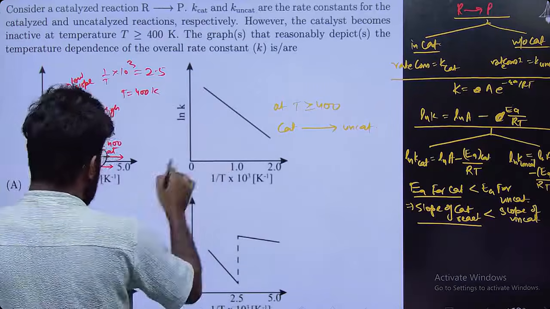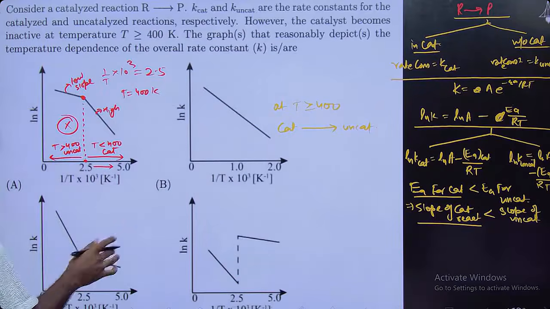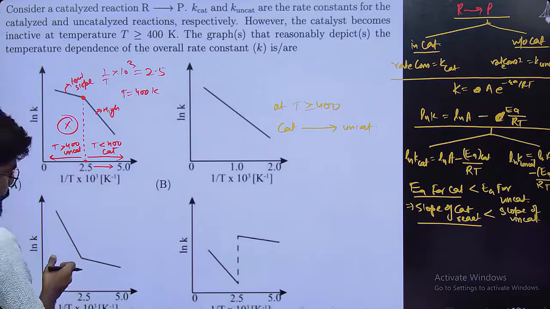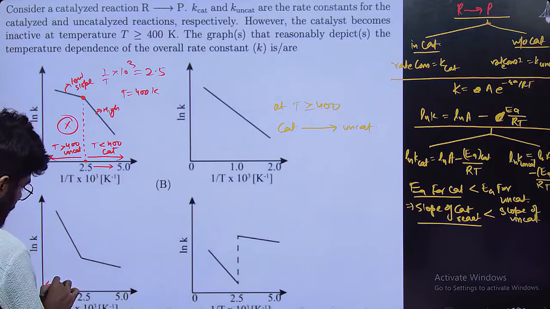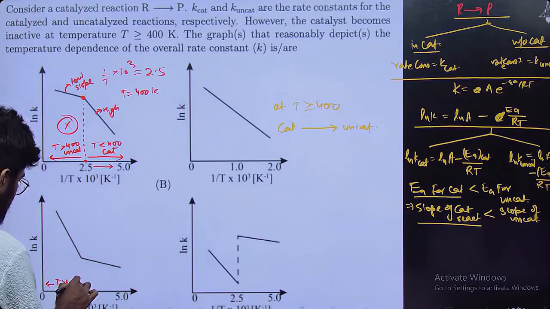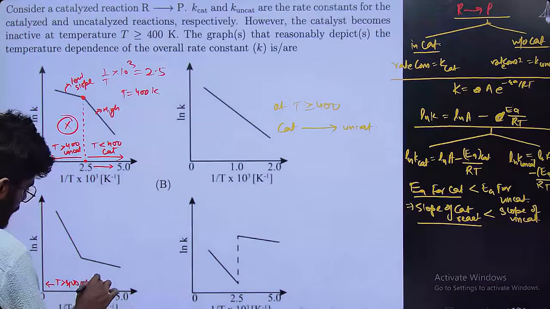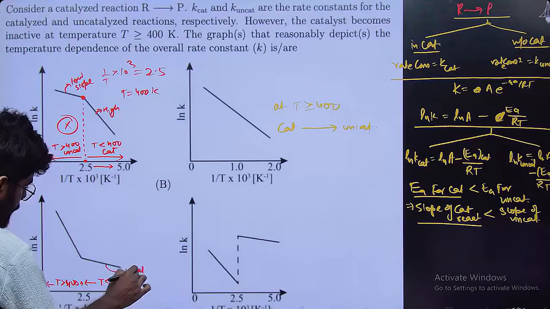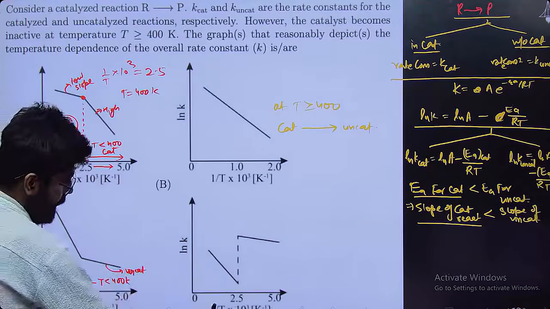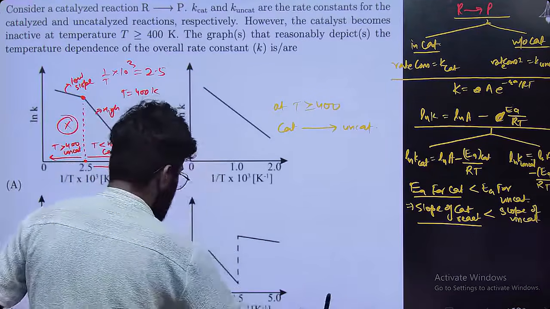Now similarly, see, there's a close call between this and this, because in both of them, where the temperature is greater than 400, you have a high slope, and as soon as your temperature falls below 400 Kelvin, since your reaction becomes uncatalyzed, catalyzed, your slope gets lower.